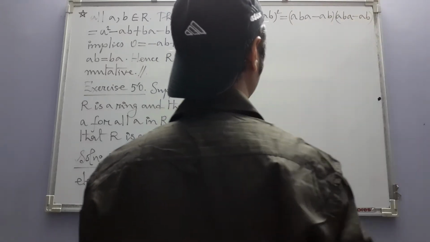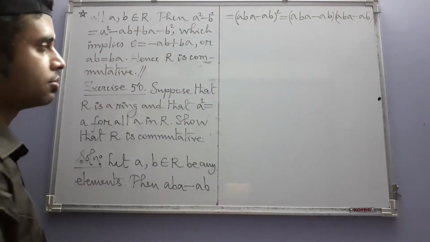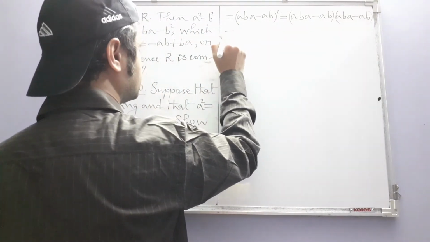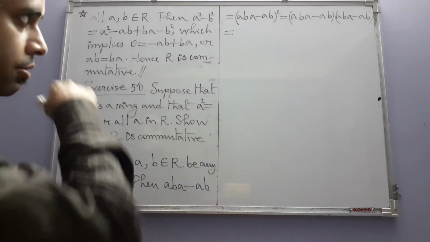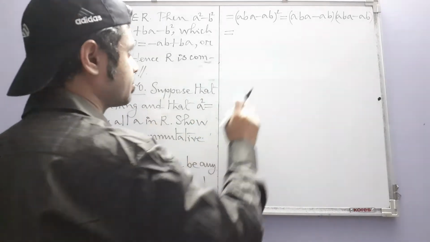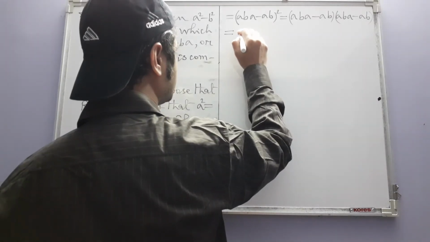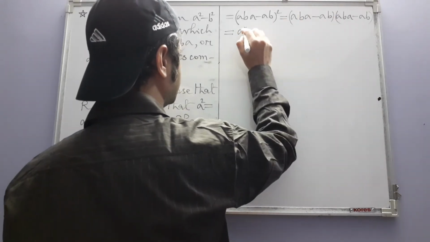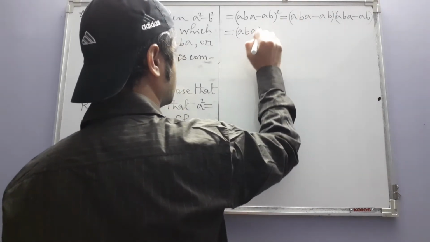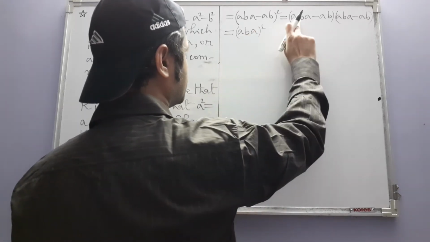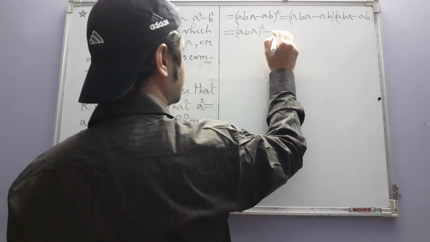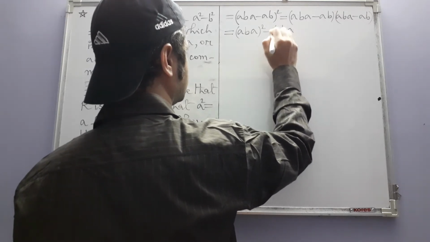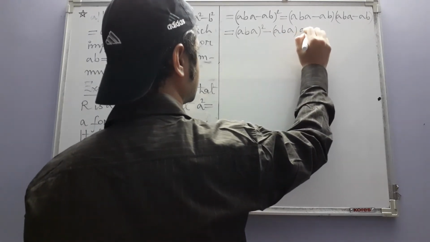Now we carefully multiply the terms out. We won't show that much detail now, we will do it somewhat directly. For example, ABA times ABA is ABA square. Then ABA times minus AB is minus ABA times AB.